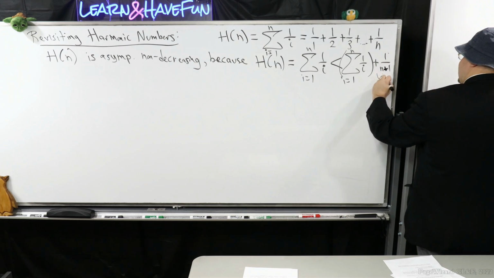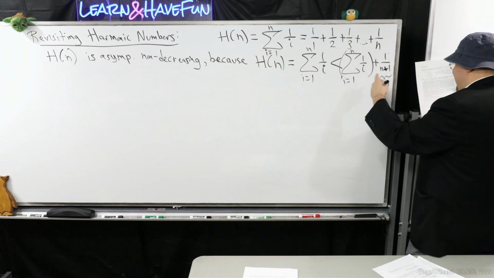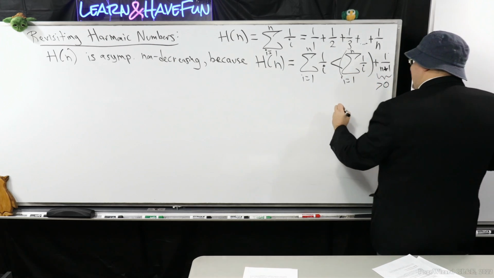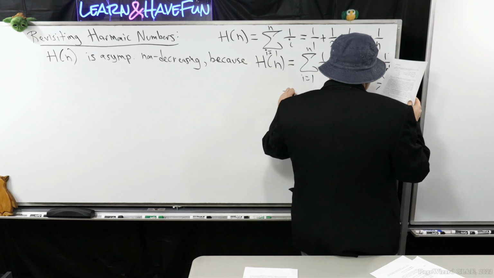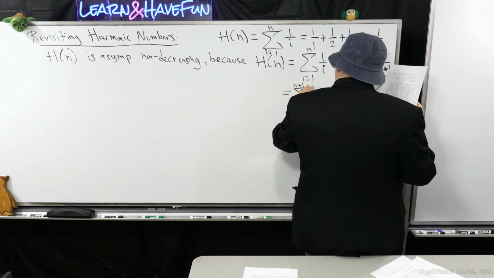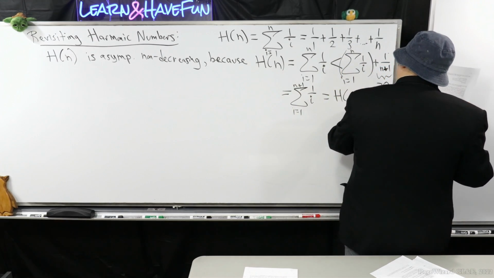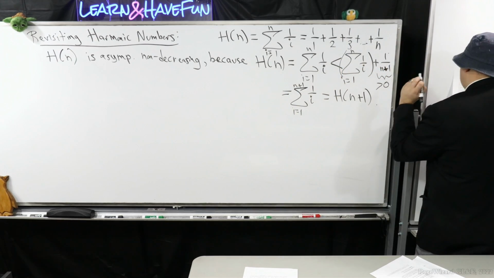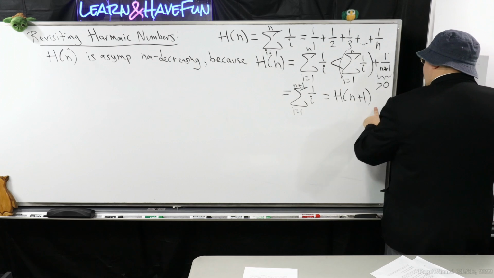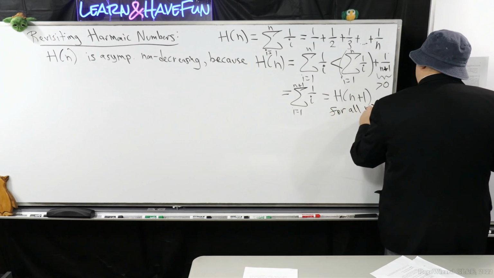Notice this added term is strictly bigger than 0. But what's this? This right here is just equal to the sum from i equals 1 to n plus 1 of 1 over i. But this is just H of n plus 1. So this is true for all n greater or equal to 1.